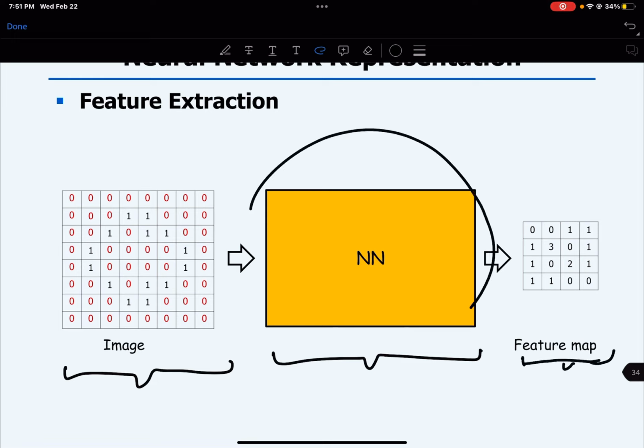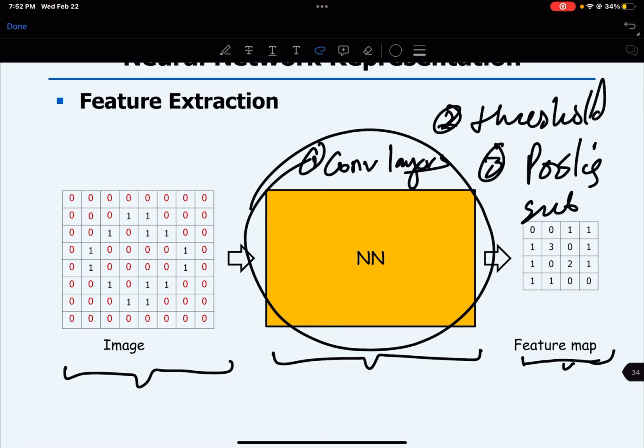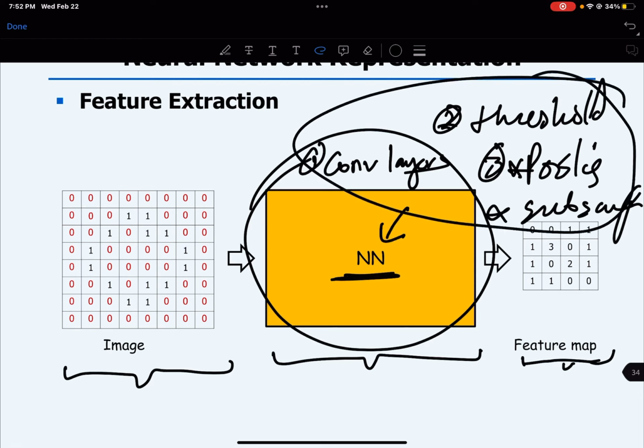We can replace all these convolutional layers, thresholding, and the pooling or subsampling layer, and represent this as a neural network. We have converted these into the structure of a neural network where the layers have connection weights.